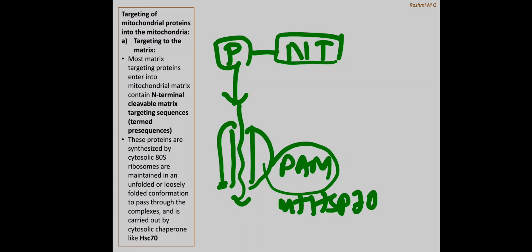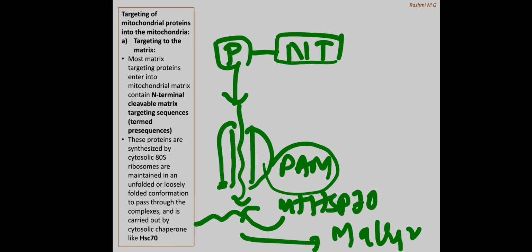This mtHSP70 binds to the translocating polypeptide chain and drives its movement to the matrix. It drives the movement through the matrix in a reaction cycle of ATP hydrolysis, with the help of hydrolysis of ATP.